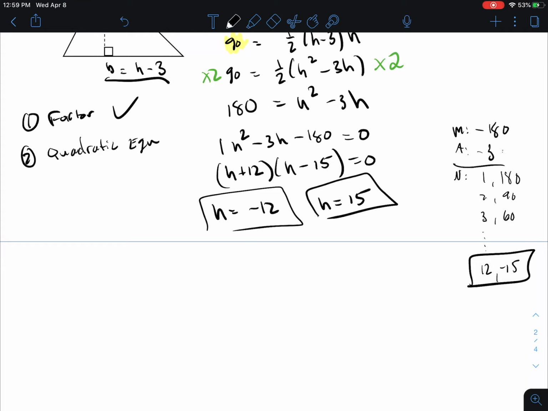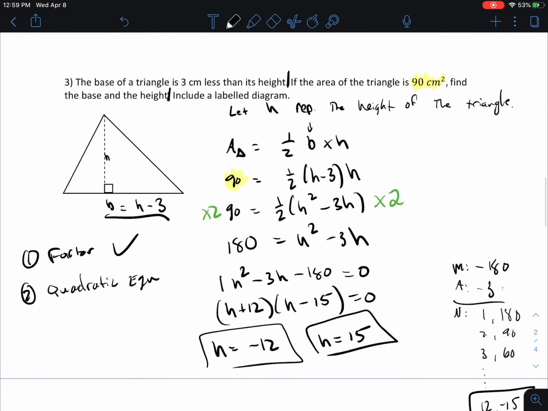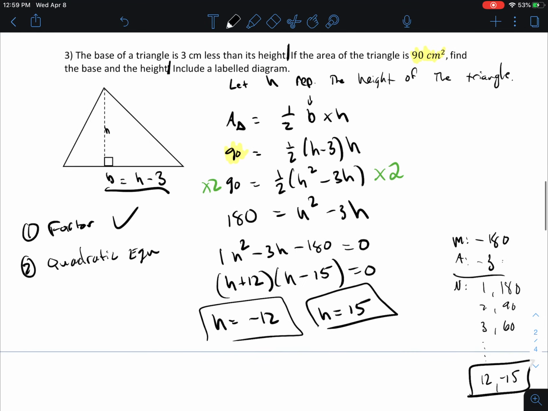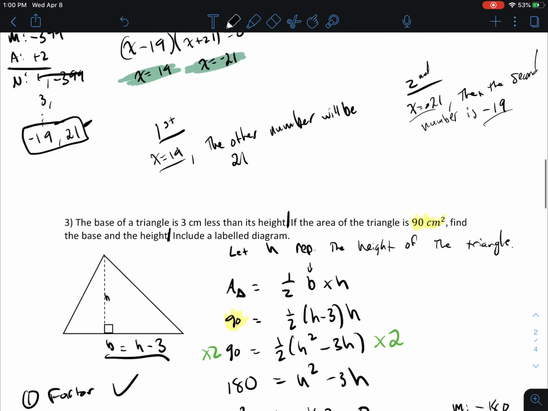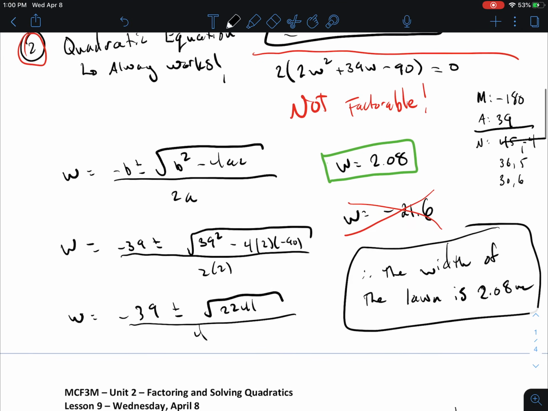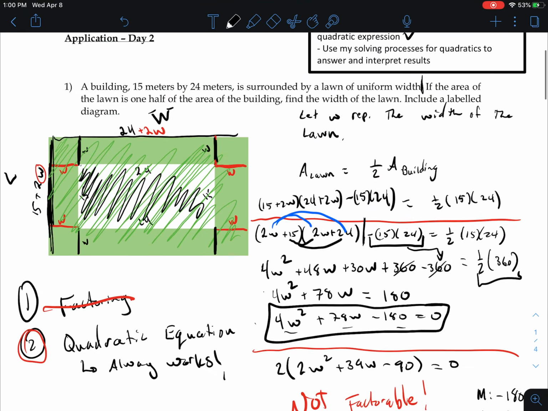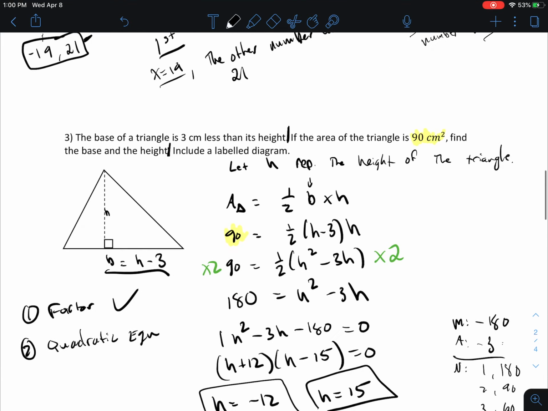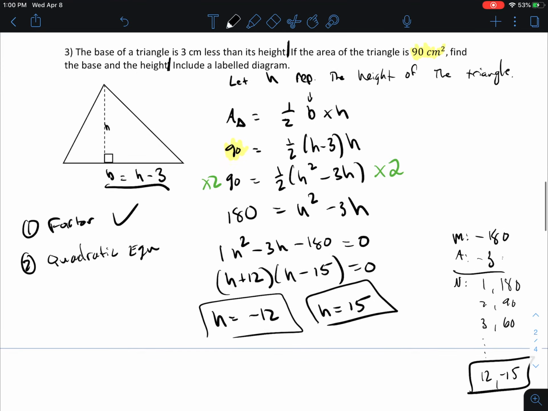Now, both of those are solutions that satisfy this quadratic equation, but we still haven't answered the question, right? It wants to know, find the base and the height. Again, this isn't much different than what we dealt with up here when we found two answers, one of which was negative. When we apply it to the context of the question, it no longer makes sense.